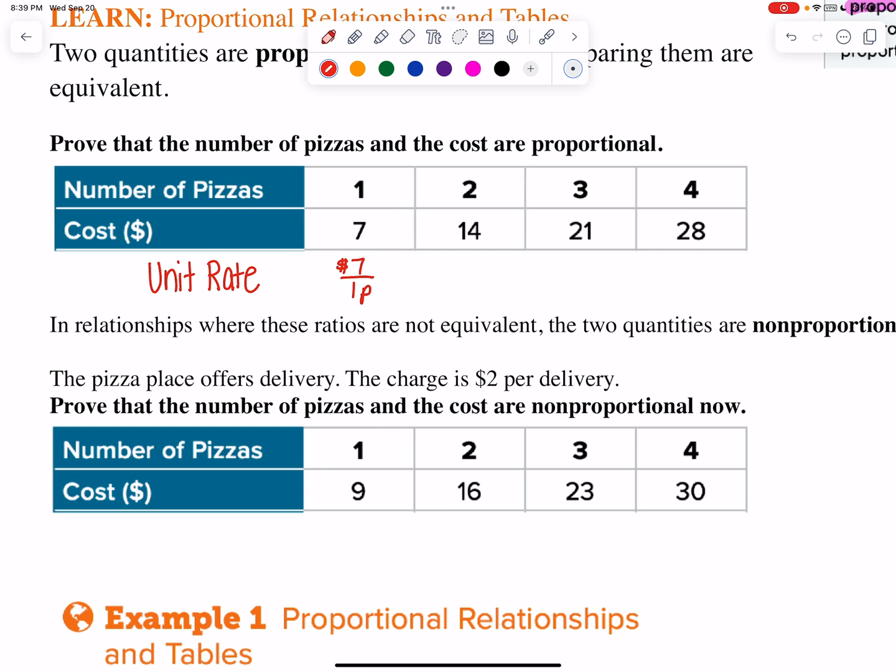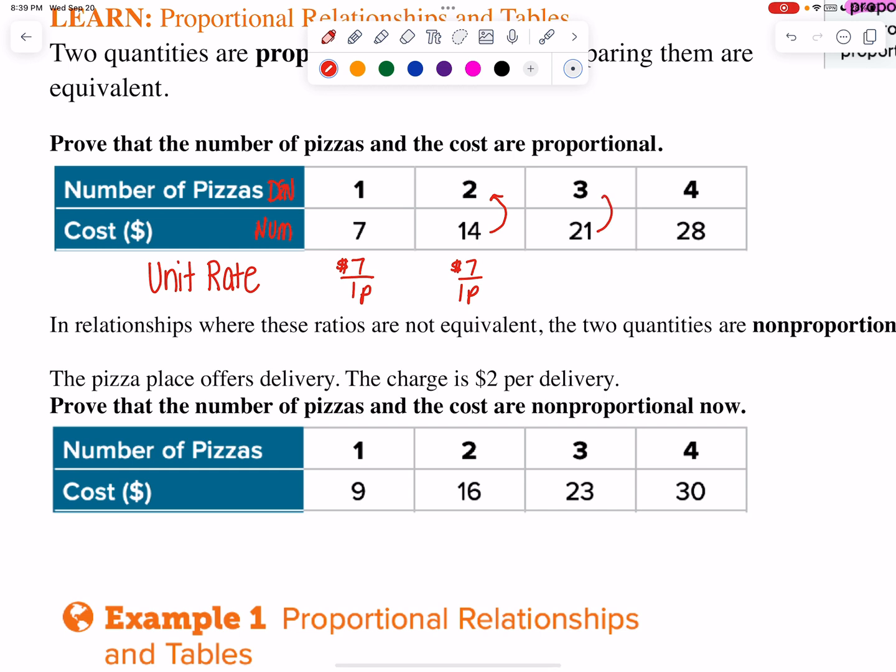Remember, to find unit rates, we divide the numerator, in this case this is our numerator and this is our denominator. We do 7 divided by 1, and our answer goes on top, over 1, and we do our labels. Now we're going to do 14 divided by 2 to find the unit rate. And 14 divided by 2 also is $7 per pizza.